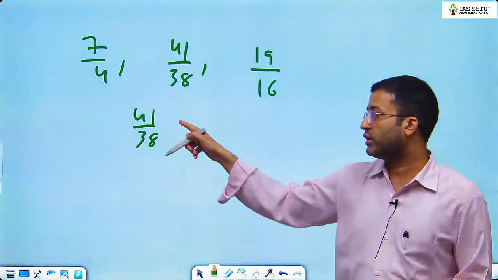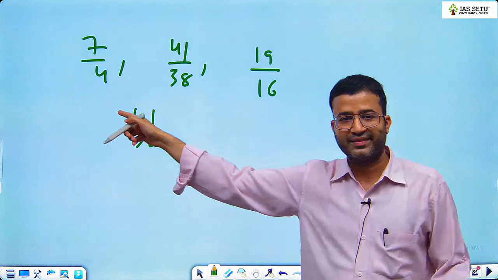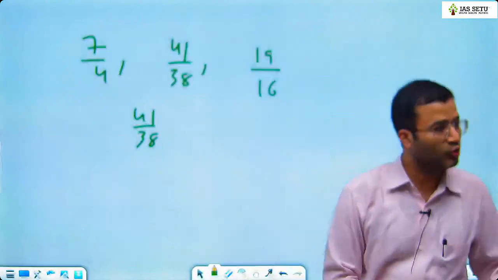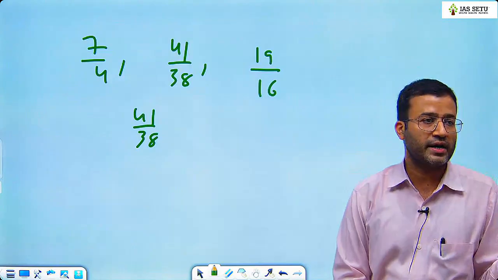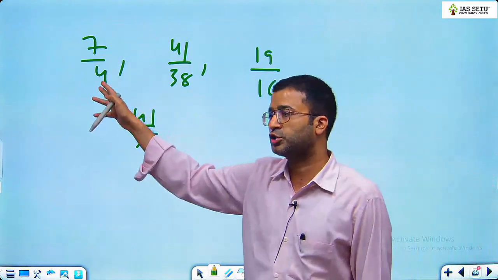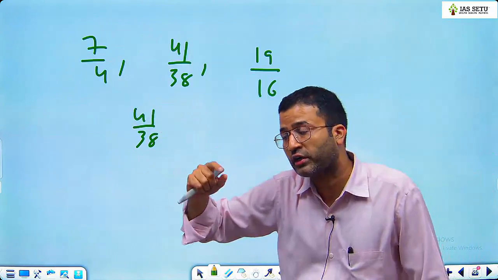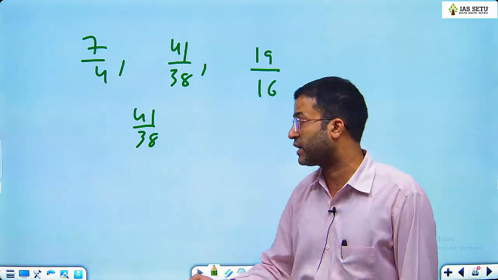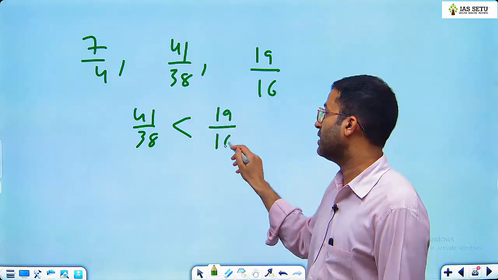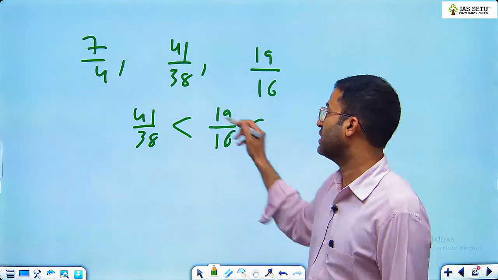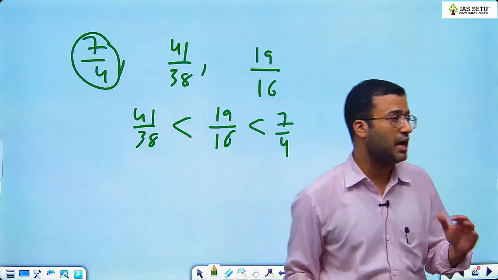Today 41 by 38, after 2 months 7 by 4, for some of you, this is sure to happen. When I give a test, some of you will follow the mind. Your mind will say 7 over 4 is small, so 7/4 is the smallest. But you have to be more careful because of improper fractions. 41/38 is smaller than 19/16 and it is smaller than 7/4. Here 7/4 is actually the largest fraction.